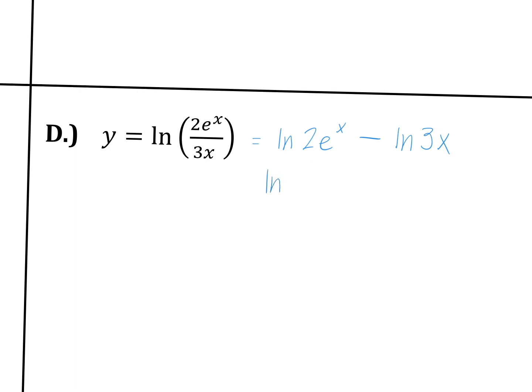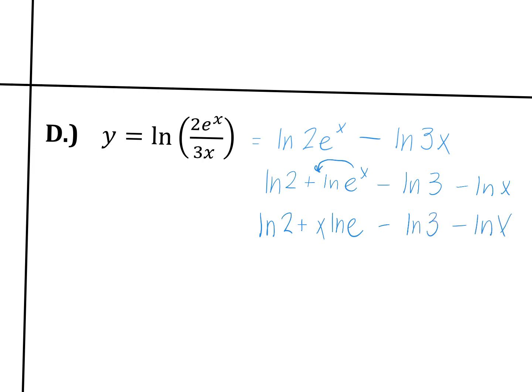So we have ln 2 plus ln e to the x minus ln 3. Since that's a minus there, it's another minus ln x. So then we can bring this exponent in front. So you get ln 2 plus x ln e minus ln of 3 minus ln x.